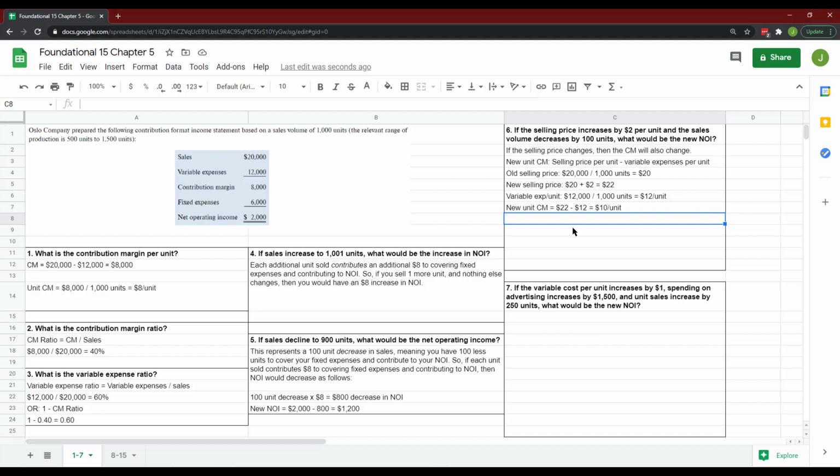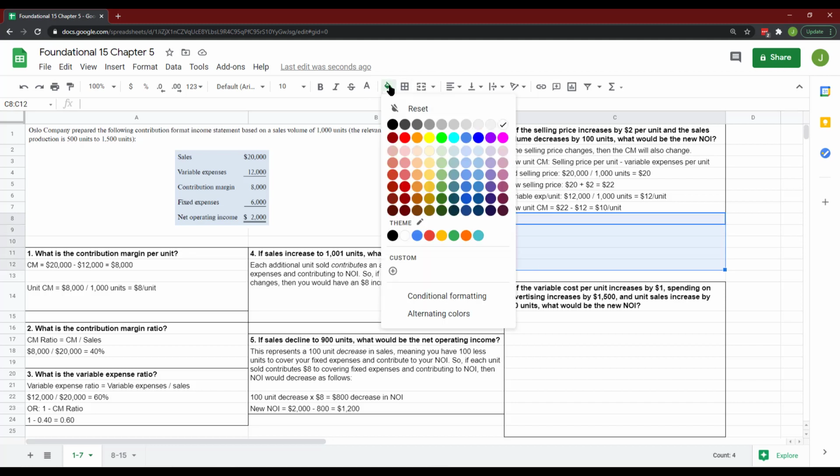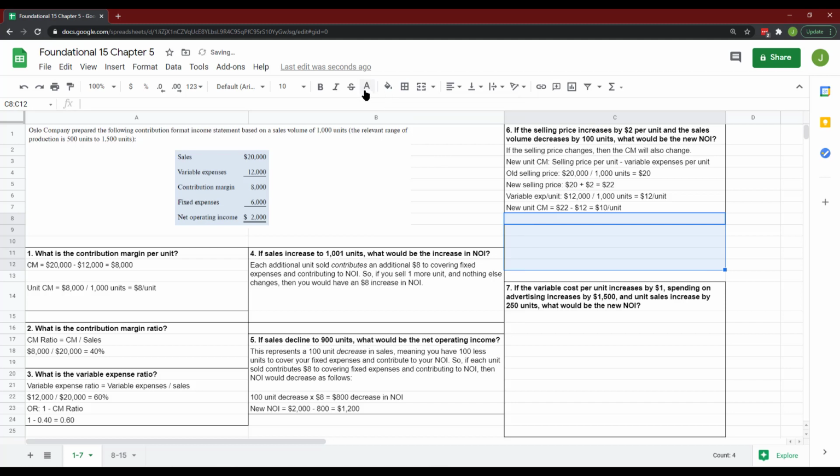Because now all of a sudden, for every unit you sell, it's not just contributing $8 to your net operating income, but it's contributing $10. So each unit you sell has a higher impact. So if you're selling 100 units less, we need to figure out what that new contribution margin is to find out what our new net operating income is.